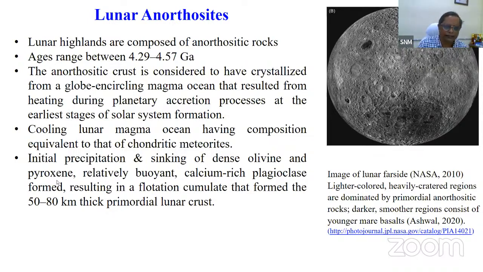The parental magma is nothing but our chondrite, whatever we see in the chondritic meteorites. The composition of the initial moon was chondritic, the same as the chondritic meteorites, and with crystallization and evolution, the upper part became feldspar rich and anorthositic.